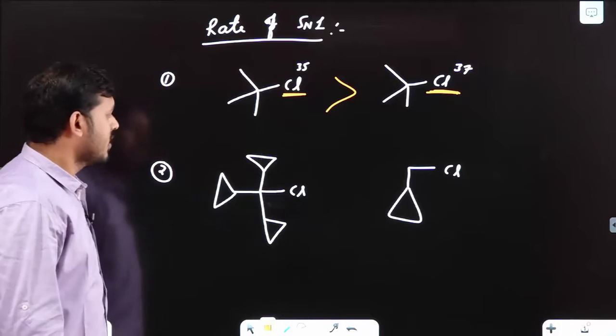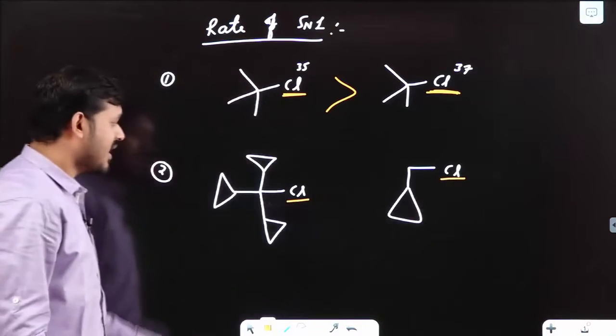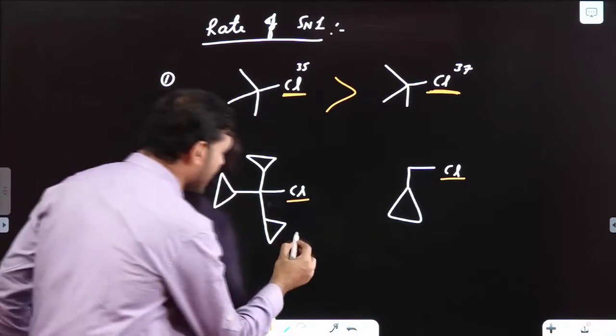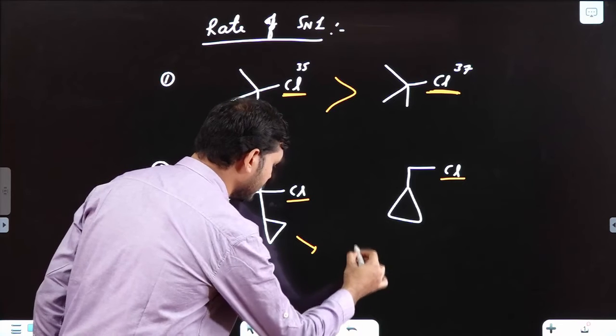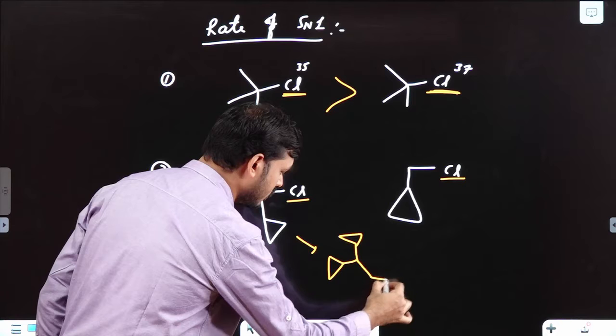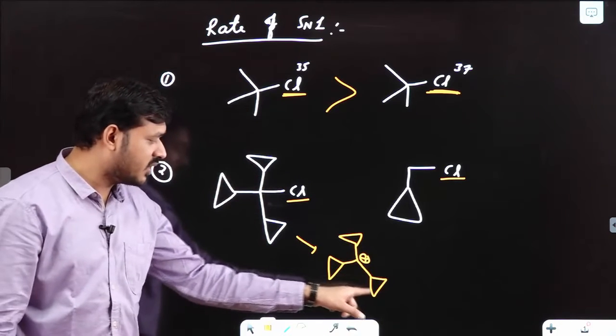Now in these 2 cases, if I have to check, see here this is a very special compound. I am just making its carbocation form. You can see here the positive charge with respect to this 3-membered ring.